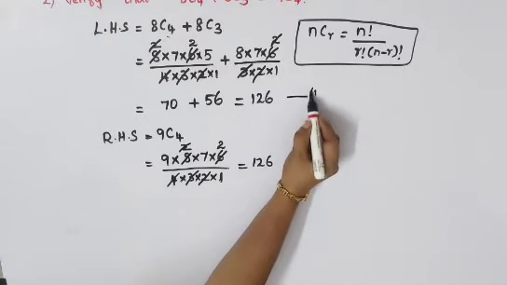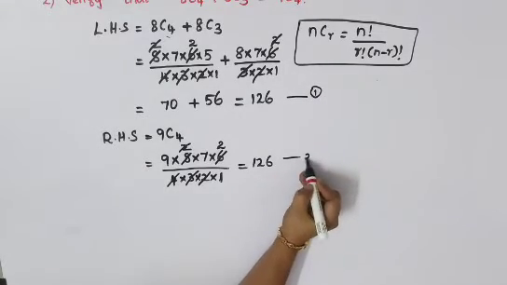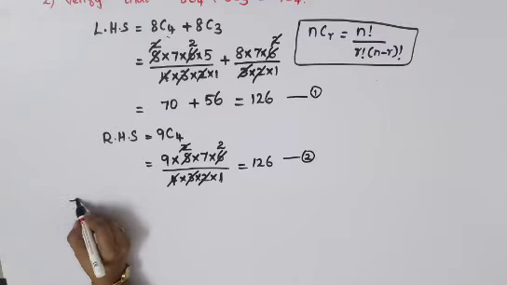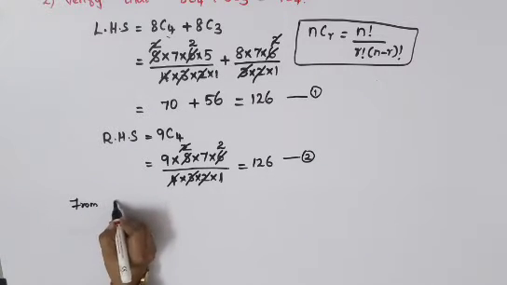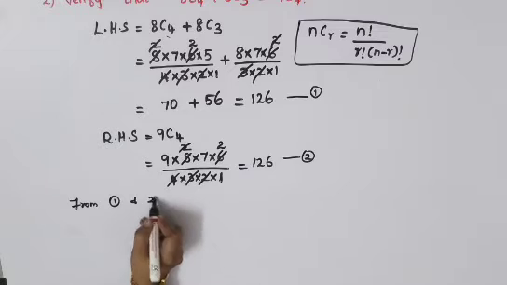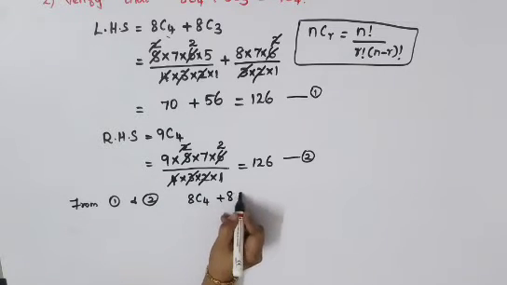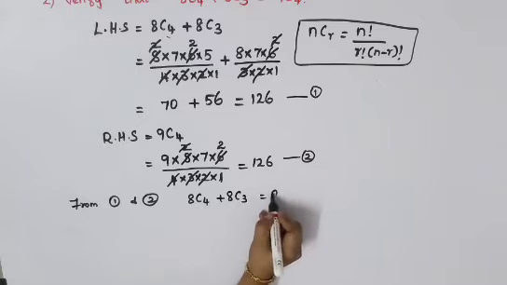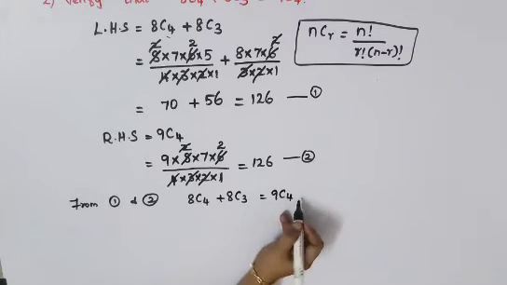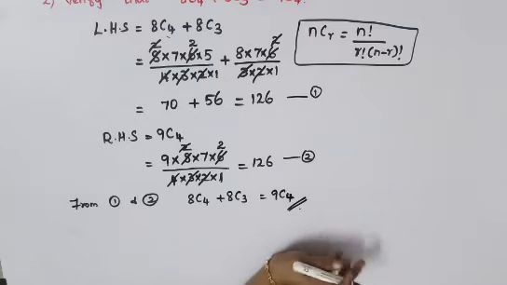This is 1 and this answer is 2. So from 1 and 2, 8C4 plus 8C3 is equal to 9C4. That's what we'll have to prove it. So we have got the answer. So this is the answer for your second question.